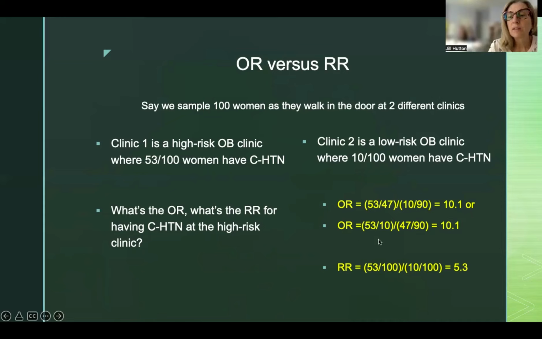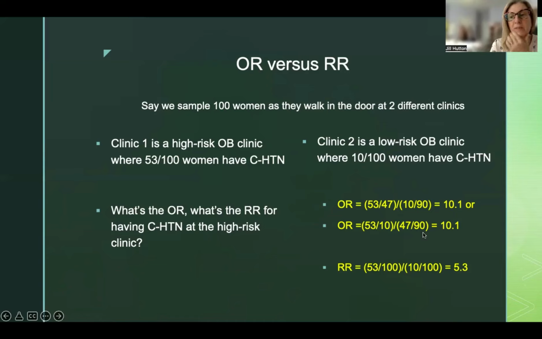Sometimes you'll see it given this way, and due to properties of mathematics, either way you're going to get the same answer. So in this version, 53 women in the high-risk clinic have chronic hypertension, whereas 10 in the low-risk clinic have chronic hypertension. And we divide this by 47 in the high-risk clinic who do not have chronic hypertension versus 90 in the low-risk clinic.